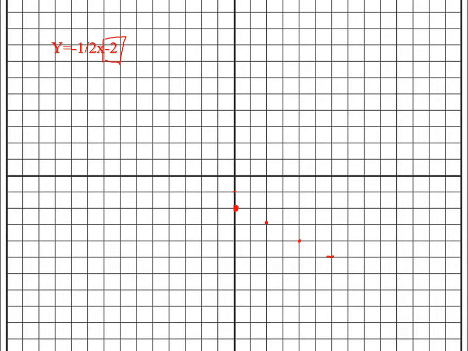Okay, so you could then draw a line connecting these points, and don't forget, it continues infinitely in both directions, so you need arrows.